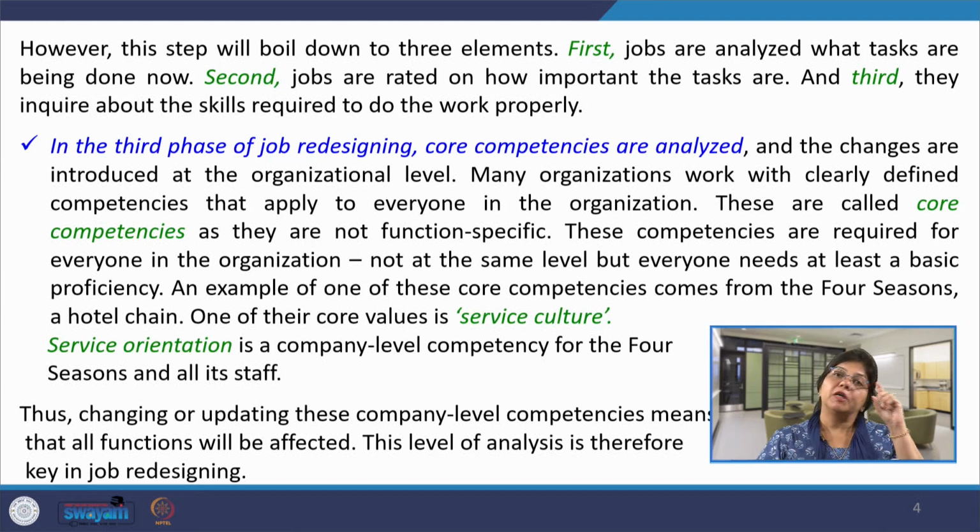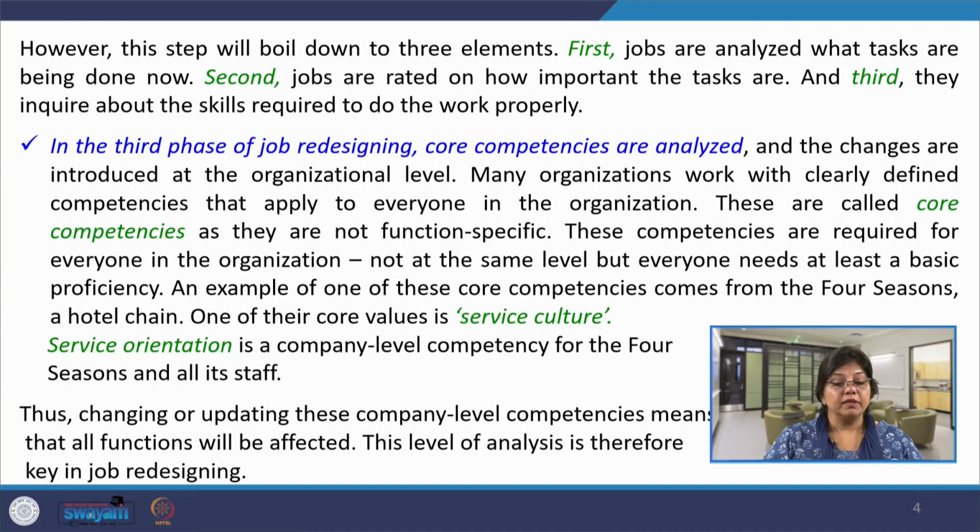So, that is the purpose of job redesigning, to identify what kind of jobs are being already performed, then their jobs are being rated, to what extent the particular job is important to how many employees, and what new skills or addition or deletion or modification is required in order to enhance the job components and motivate employees. So, this is the gist of the second phase, that is job analysis.